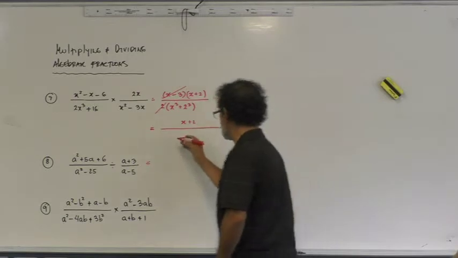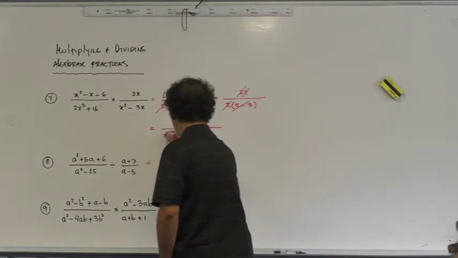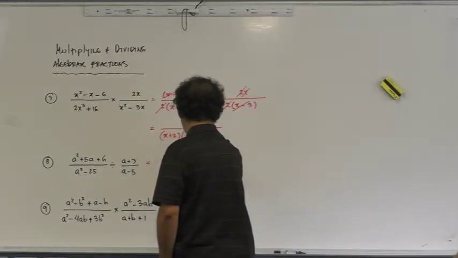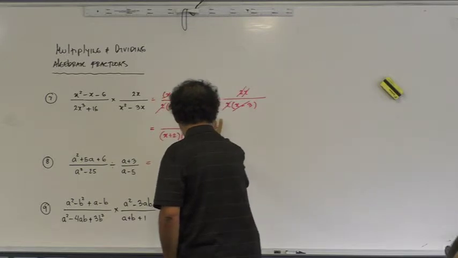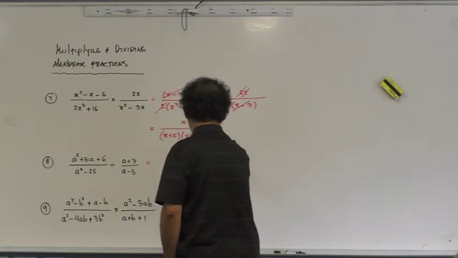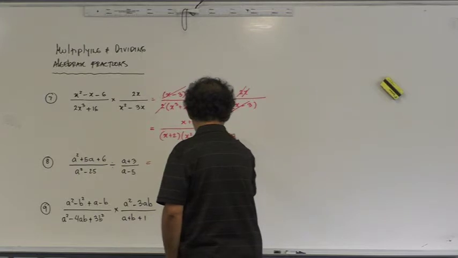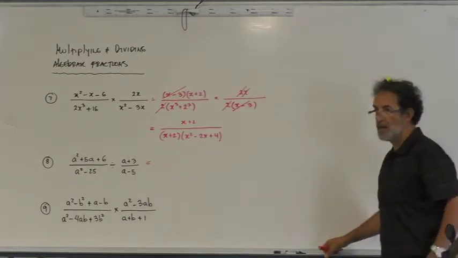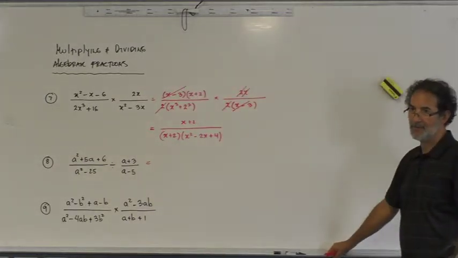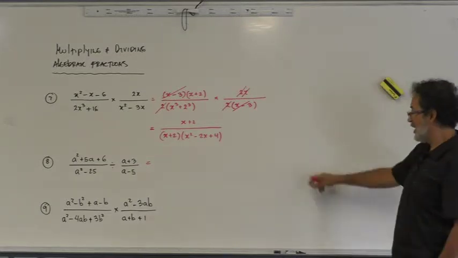And we know that this is x plus 2, x squared minus 2x plus 4. All right. Got it? Yep, I got it.